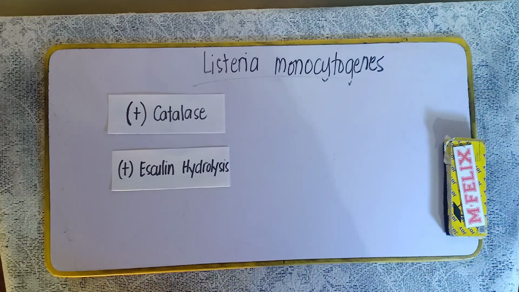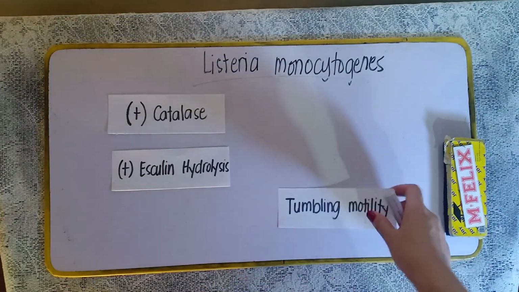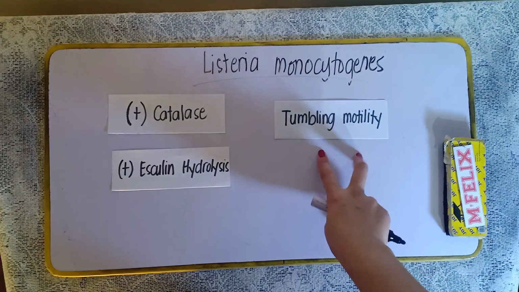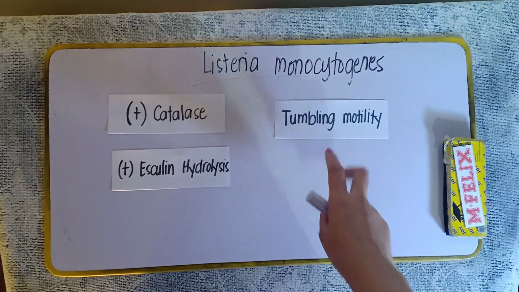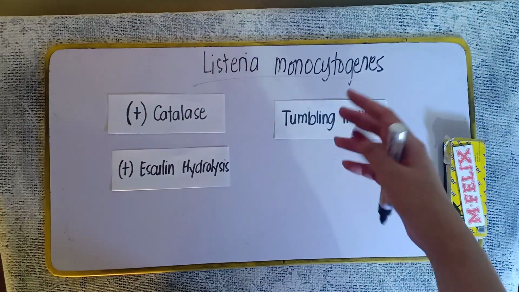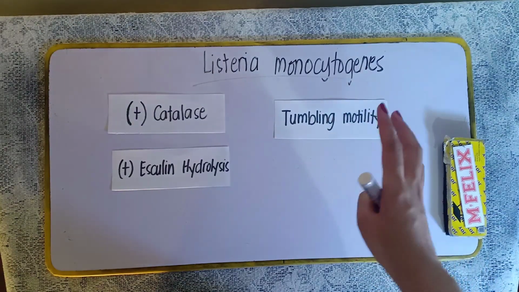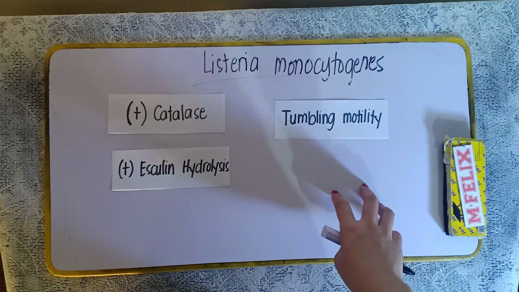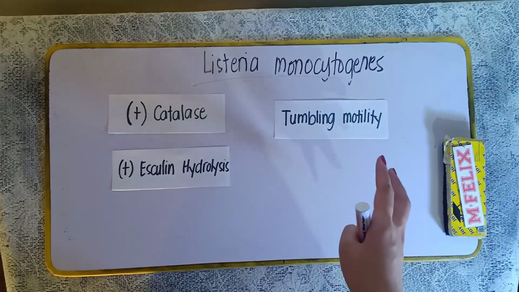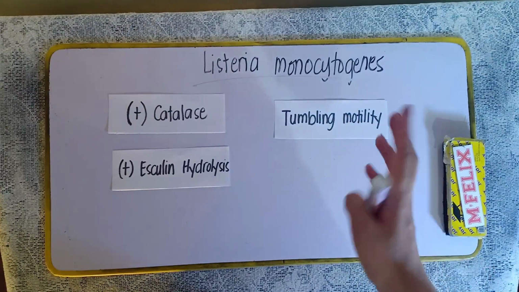We usually refer to it as tumbling or end-over-end motility, or mas commonly, class, yung tumbling motility. Now, this motility, class, is very important for the identification of these organisms kasi unique nga naman yan para sa kanila. And aside from this, it will differentiate it from the diphtheroids. Okay? This type of motility will differentiate it from diphtheroids.